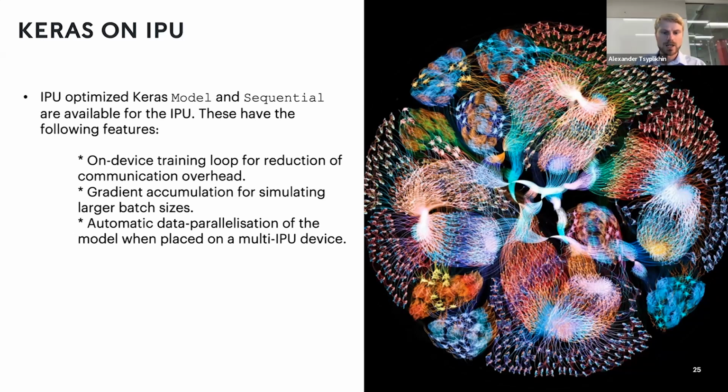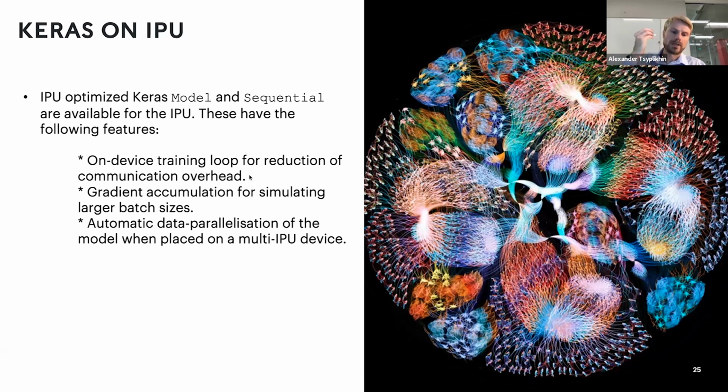So the first optimization, I will briefly touch on it now and then discuss in a bit more detail after the break today. On-device training loop. That simply means that as you execute your program on the IPU, it is typically initiated from the CPU, then the program will do some work on the accelerator and then stop and return control to the CPU, so to speak.